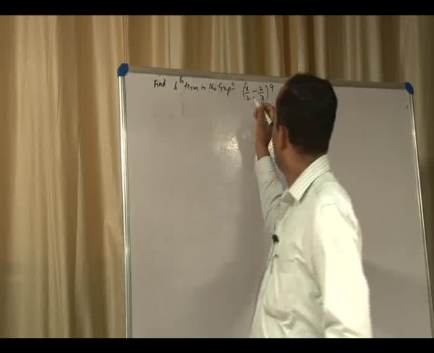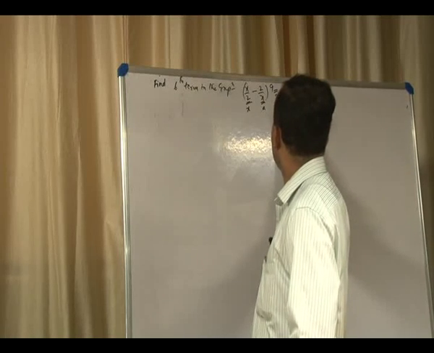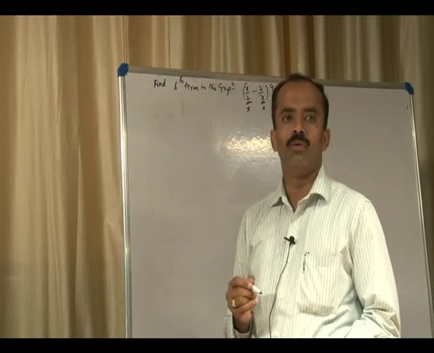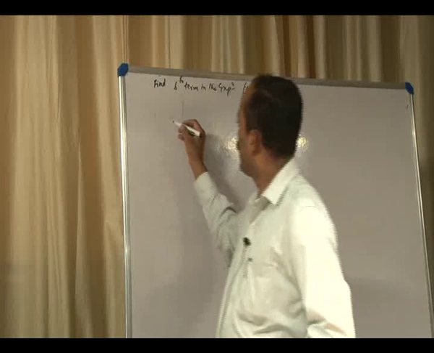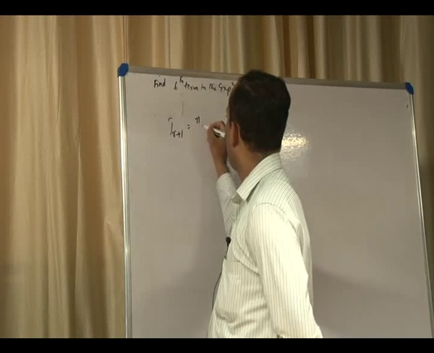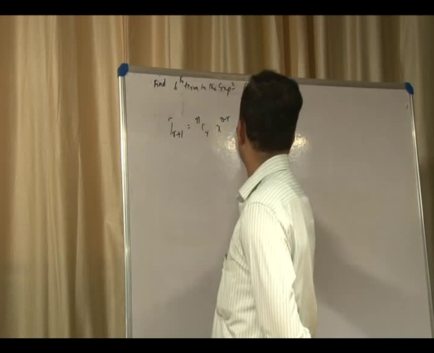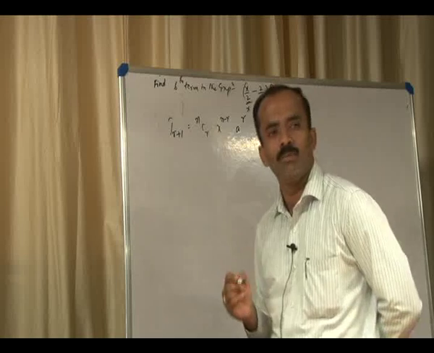Now, this is the x value, this is the a value and this is the n value. Now, what is the general term? T r plus 1 is equal to nCr x to the power of n minus r into a to the power of r. This is called the general term in the expansion.